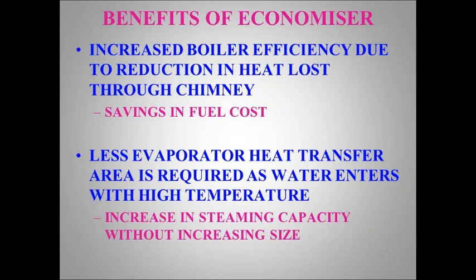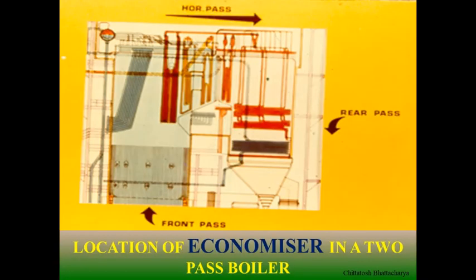Besides that, as the water we are receiving at the outlet of the economizer is hotter, the heat requirement to convert it to steam is less. So steaming capacity is also improved, and we are getting more steam from less fuel.